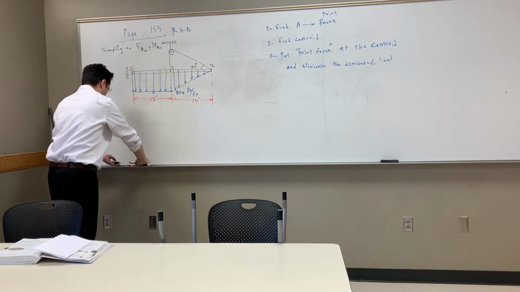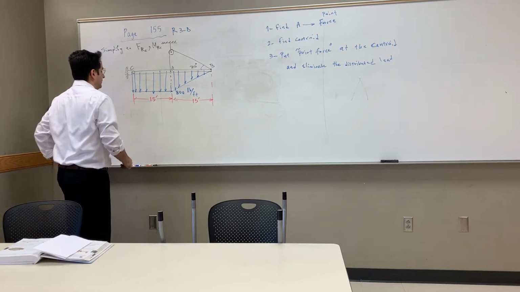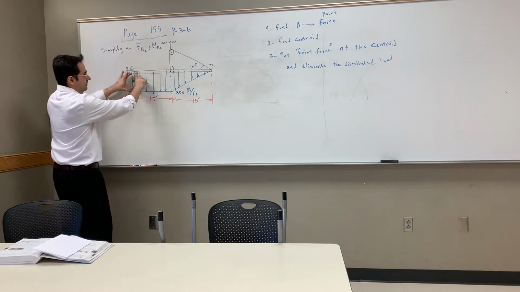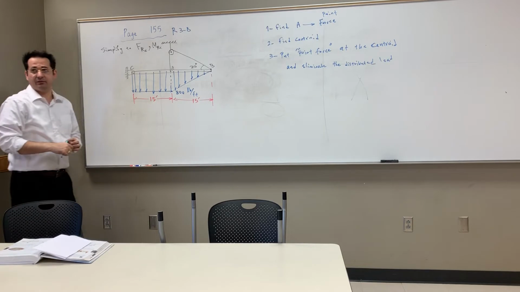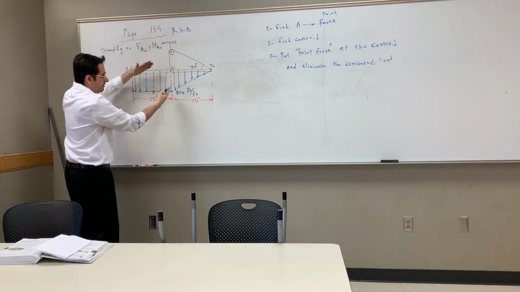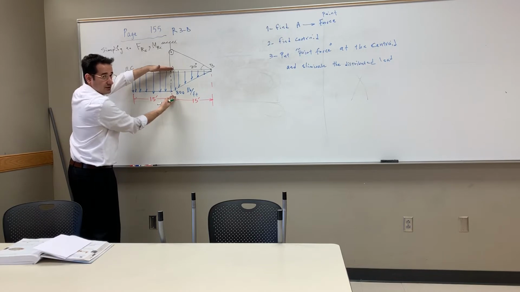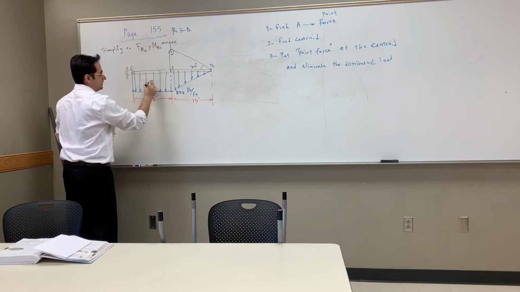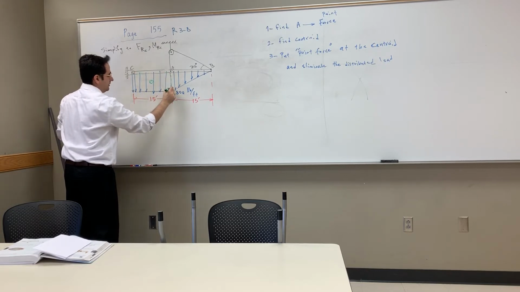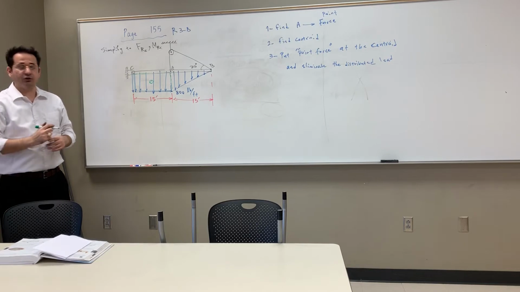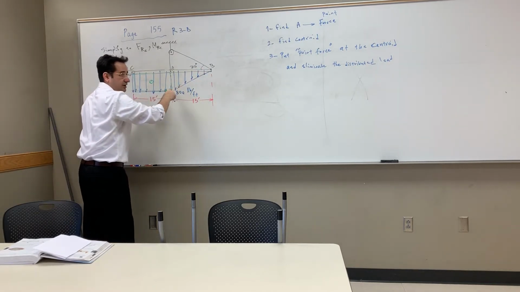All right. So step 1, find the area under this load. What's the area? 15 times 800, right? So you replace, this is the centroid. You consider this rectangle, although this shape is complicated, right?